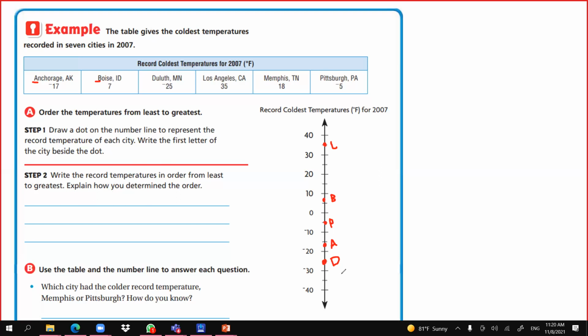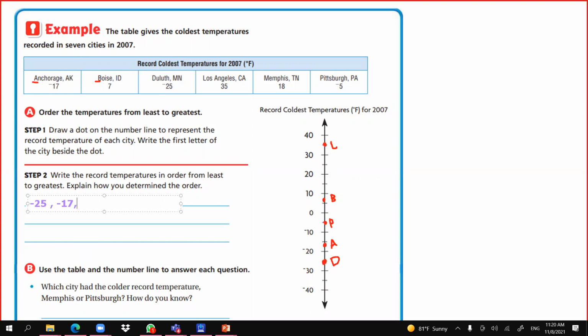Yalla, where is the least one? On the top or on the bottom? Bravo, D. The bottom. Yalla, what is D? What is the first one? Give me the numbers. Negative 25. Then negative 17. Bravo.